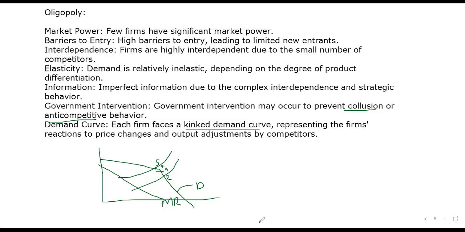In this market, there's what we call game theory. Who understands the game theory and the prisoner's dilemma and how it works?